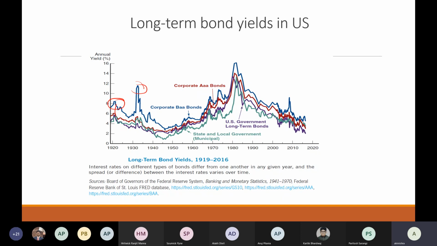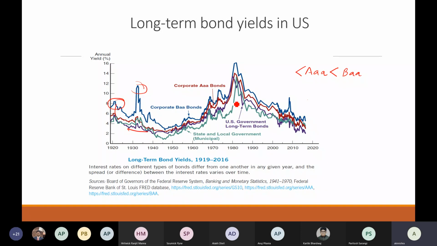What we are observing is that the annual yield for this is lower than this, and the blue one is generally government. Here again, there is some variation.